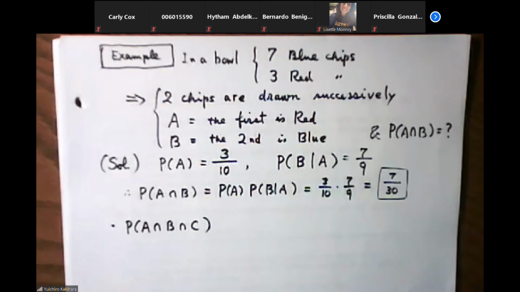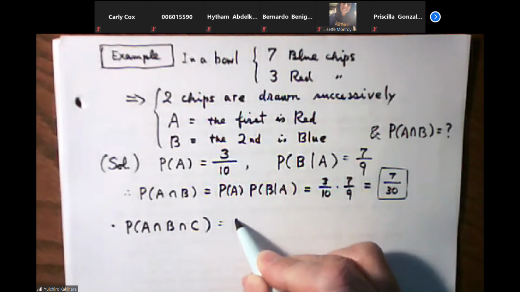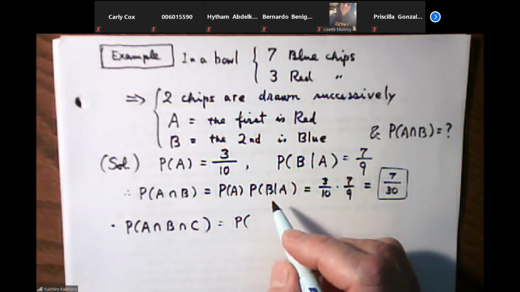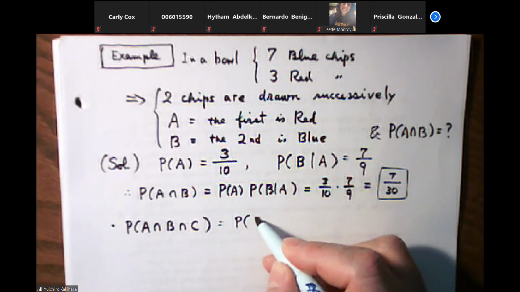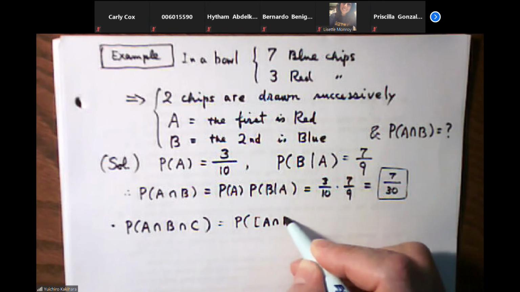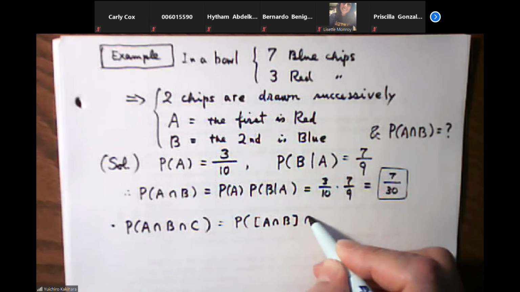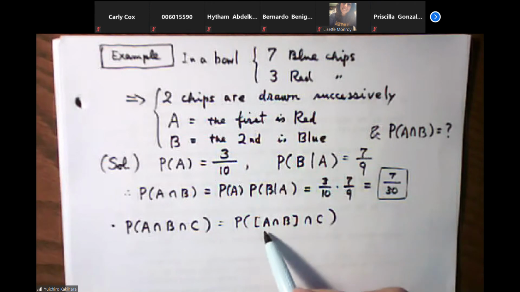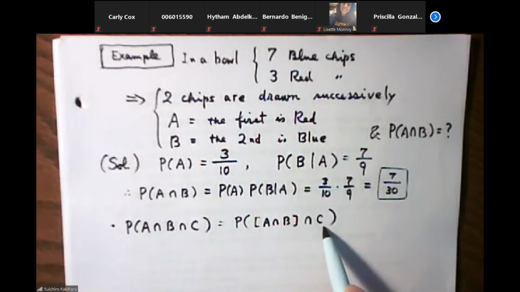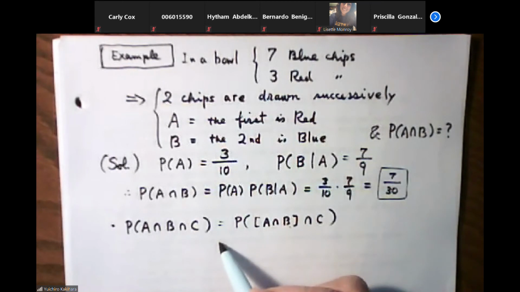So first step, if you consider generalization, I'm going to do it this way: A intersection B, and then intersection C. Now it looks like this is a common part of 2 events: this event and this event. So we can apply the 2 events case.